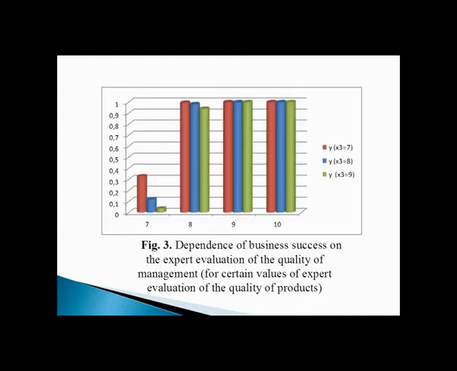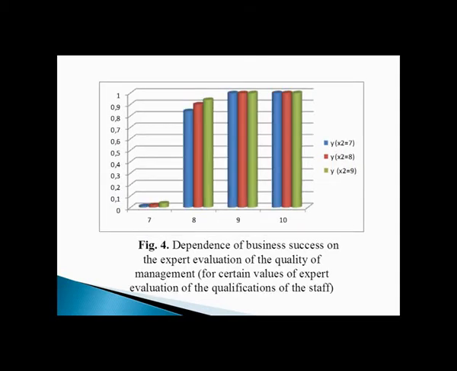Figure 3 shows how business success would change with factor X1, expert evaluation of the quality of management in the enterprise, for certain values of factor X3, expert evaluation of the quality of products, and fixed values of other factors.